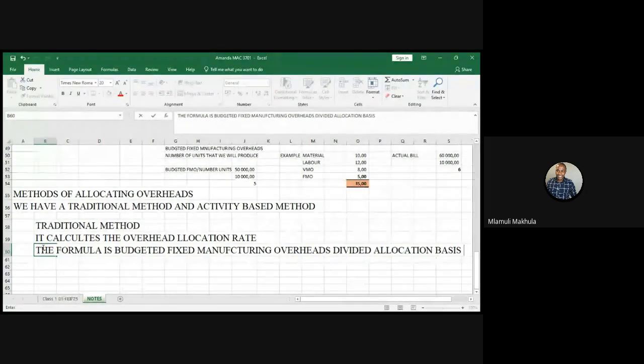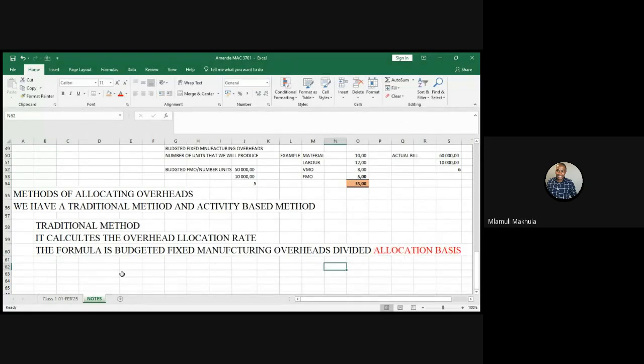And the allocation basis could be anything, right?